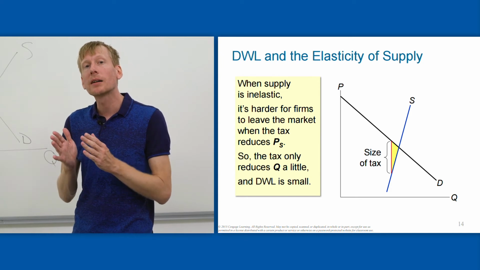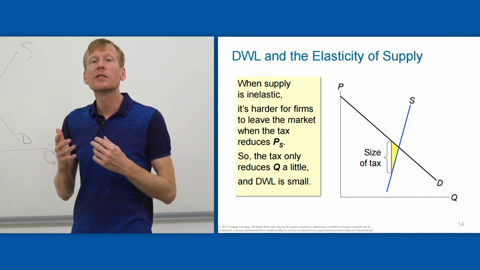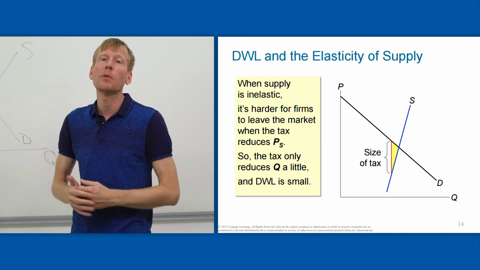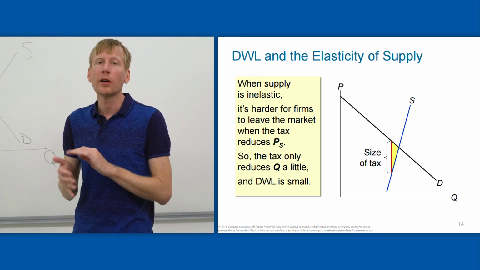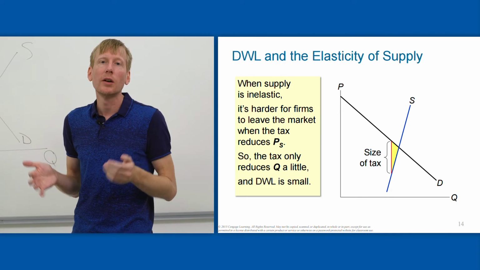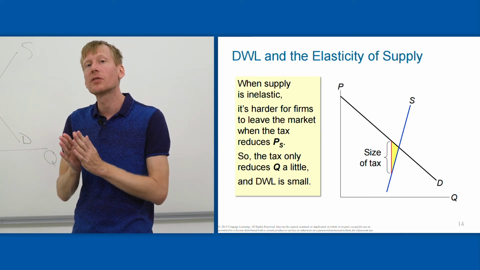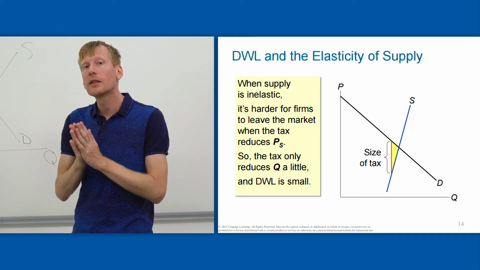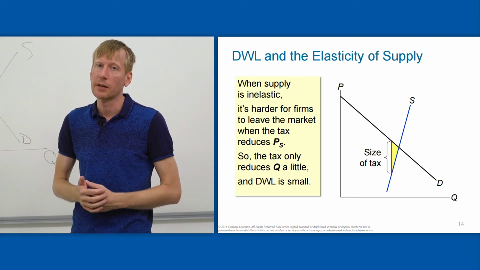This is because suppliers with very inelastic supply are still willing to produce almost the same quantity that they were willing to produce before. And even if consumers aren't willing to demand very much with a higher price due to the tax, because the quantity doesn't change very much, there's very little deadweight loss associated. Most of the burden in this case falls on suppliers.